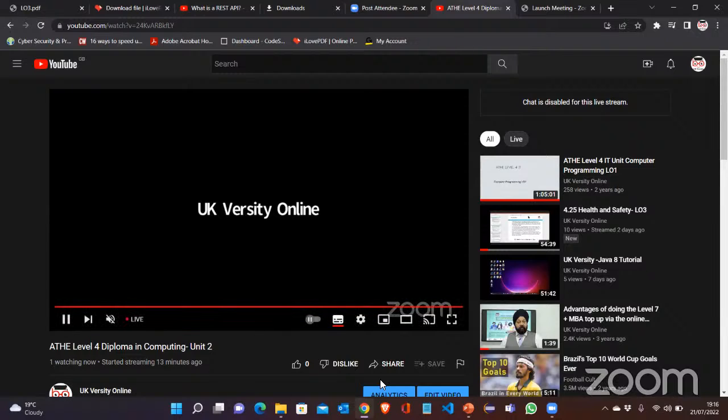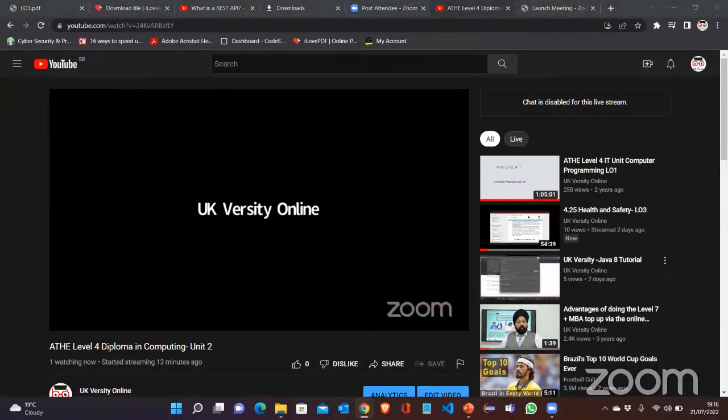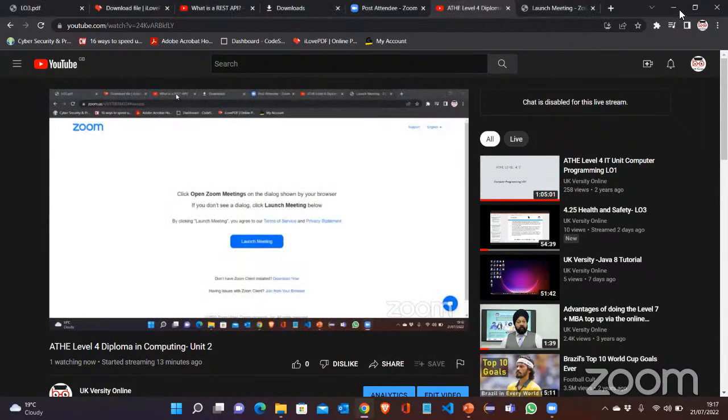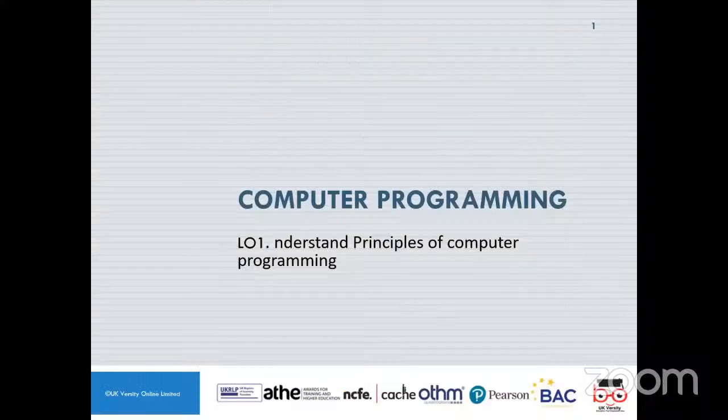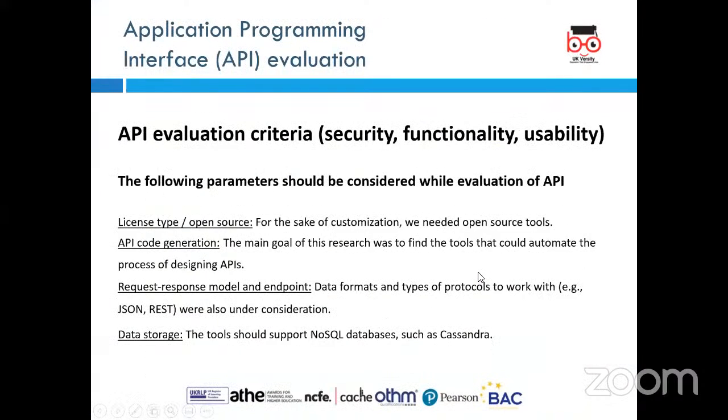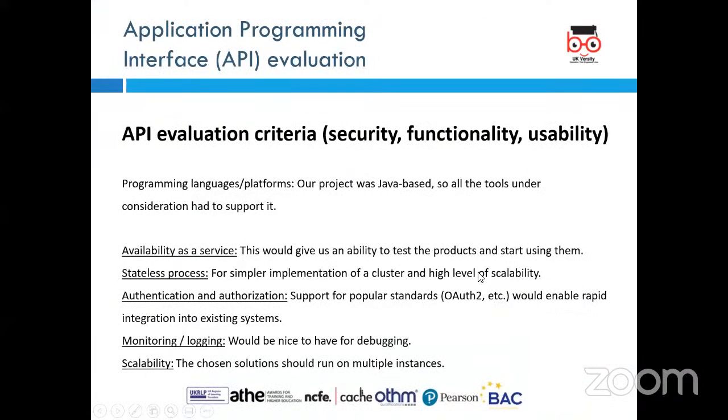Share my screen. Can you see my screen? Yeah. Okay. So where were we? We stopped. Oh yeah, we were looking into availability as a service.